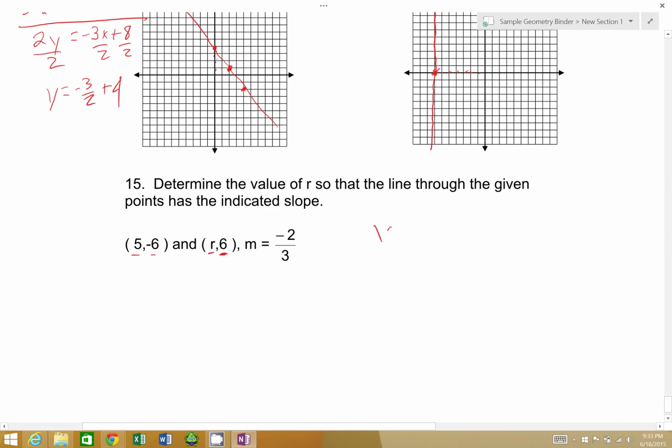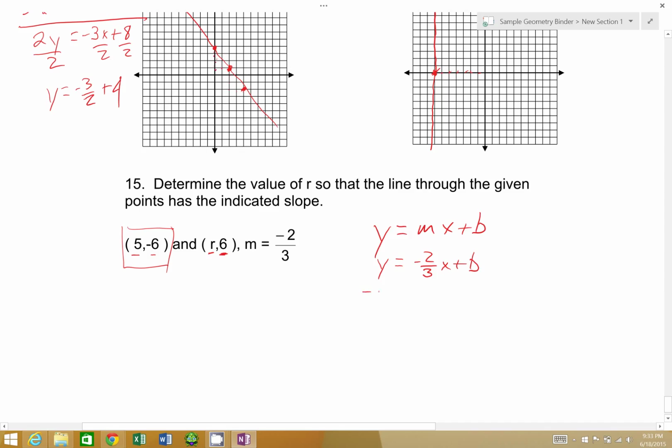So if y equals mx plus b, they've given me the slope, y equals negative 2/3 x plus b. I need to solve for b so I can get the y-intercept, so that I have the full equation. So they've given me one ordered point right here.